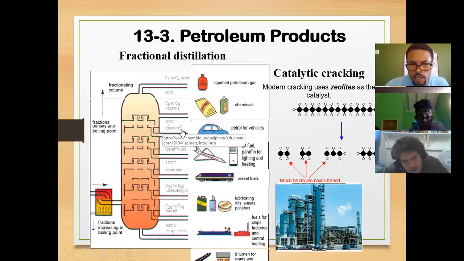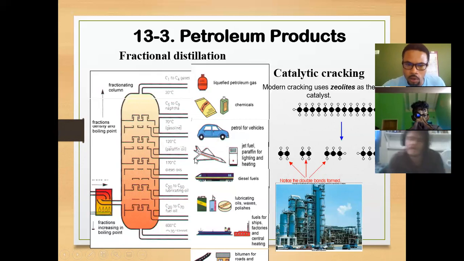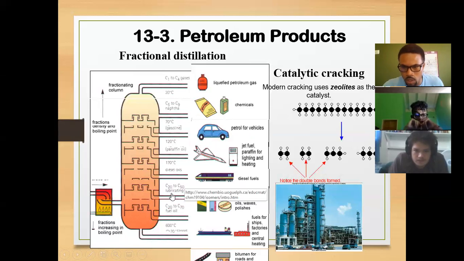Then we have gasoline, which is our next hydrocarbon, coming out in the fractions in the fractionation of petroleum. We're going to have all of these coming out within the fractionating column at different levels. So depending on the boiling point, which is based on the length of the carbon chains, we're going to see where they come out.